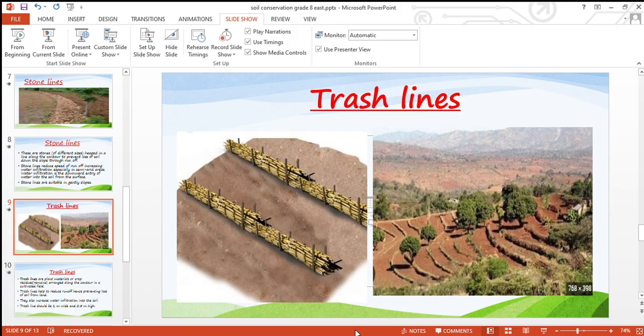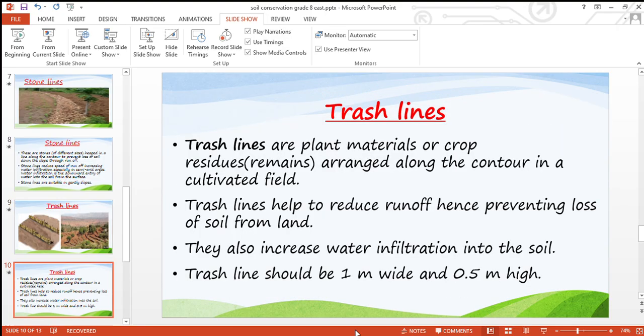Good. So we say that trash lines are plant materials or crop residues arranged along the contour in a cultivated field.